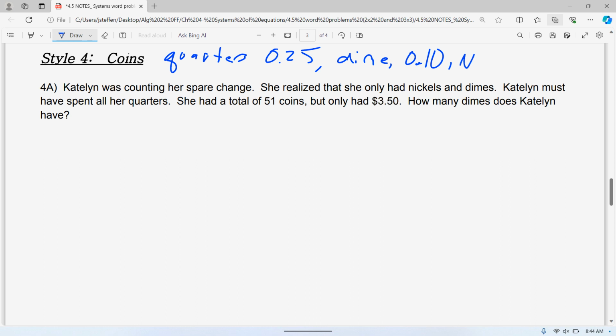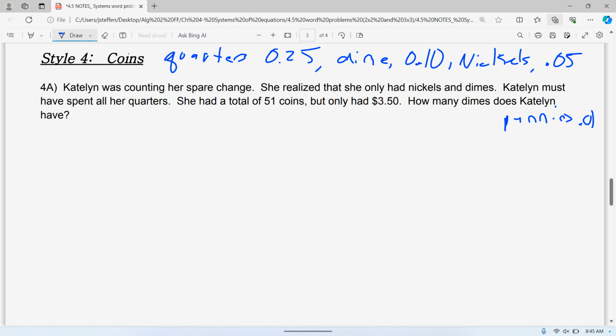Nickels are $0.05, 5 cents. And pennies are $0.01 or 1 cent. Oh, you guys know that already. But in this day and age with Venmo and credit cards, I've had students that get literally confused about dimes and nickels. We're not here to judge. It's the same.